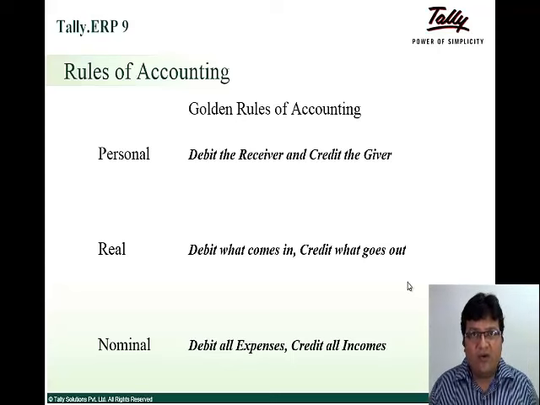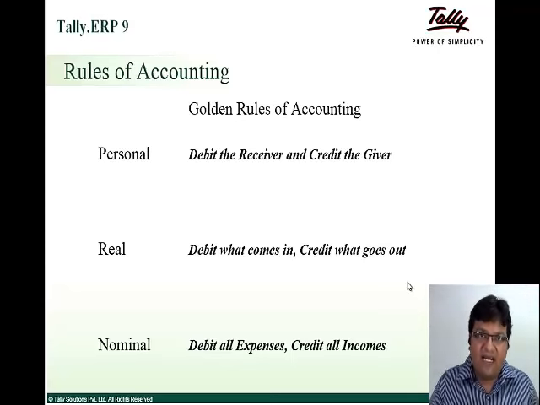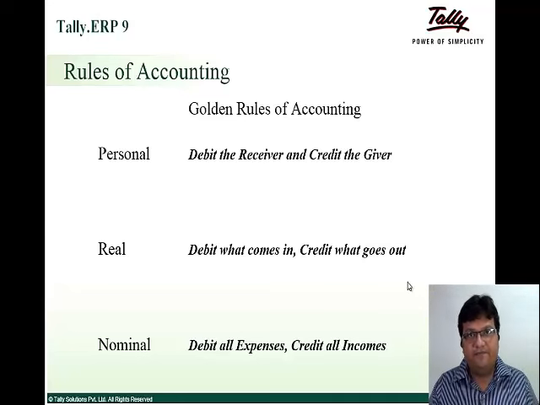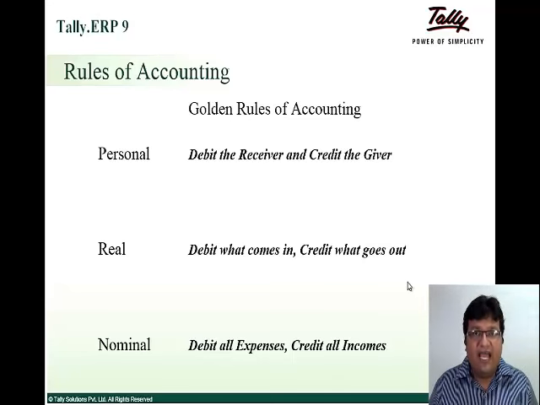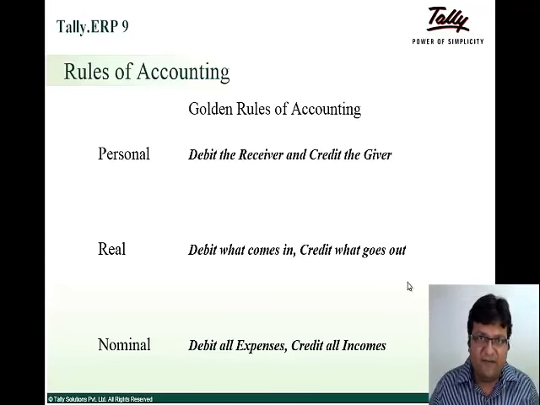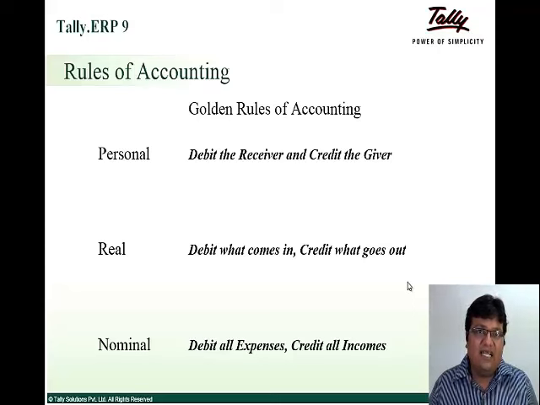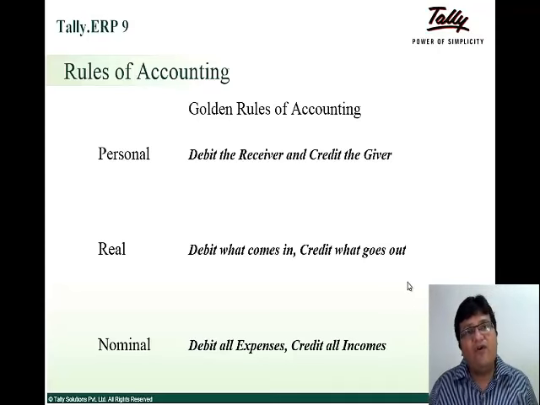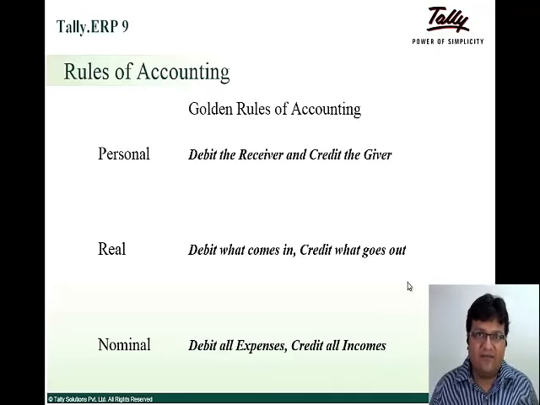Okay, the nominal account. My expenses and incomes will be classified as nominal accounts. These accounts are going to be closed in the current financial year, and the balances of these accounts are not going to be carried forward into the next financial year. The behavior of the personal account and real account is such that their balances may get carried forward into the next financial year.